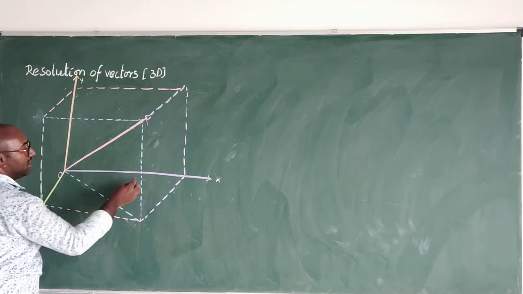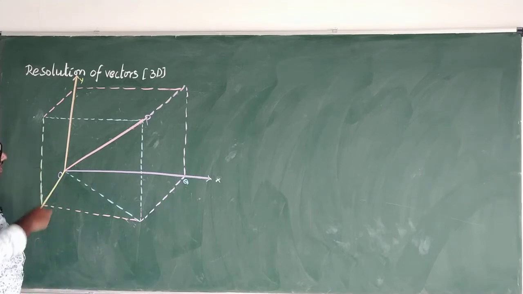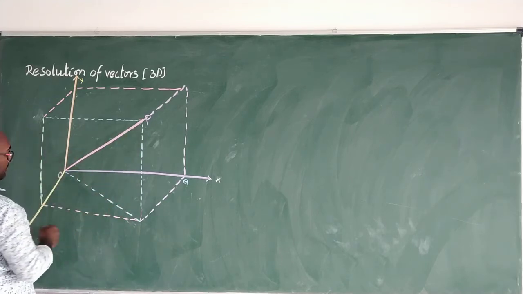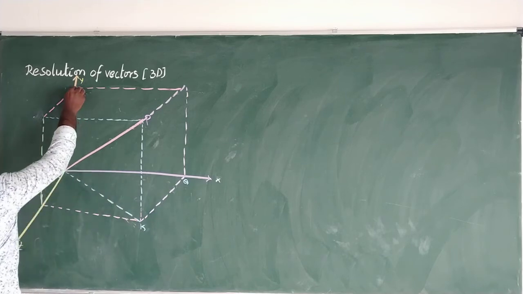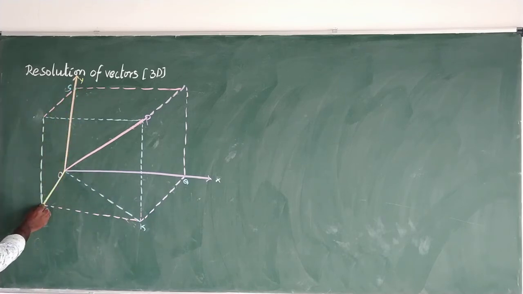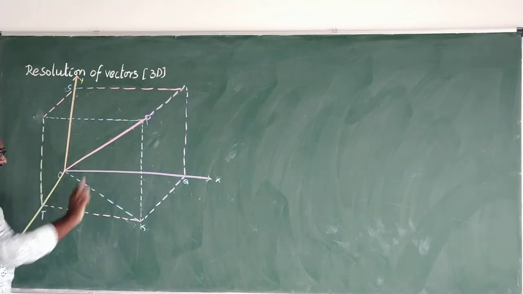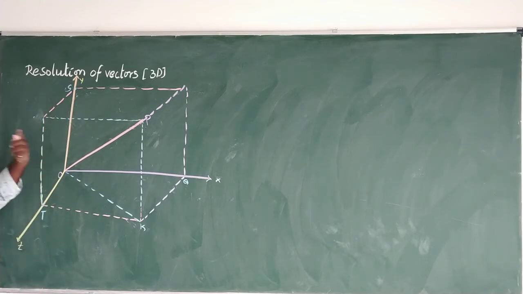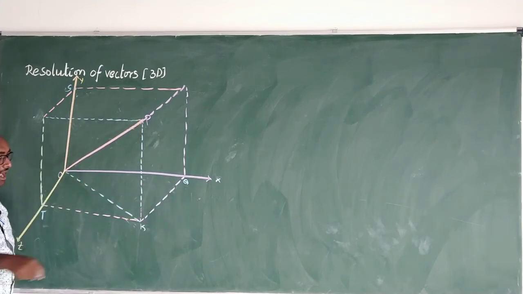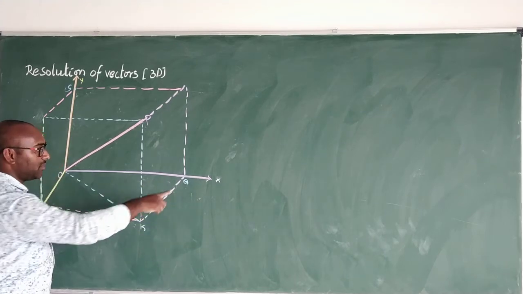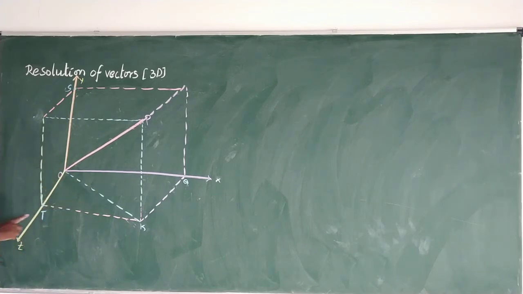This is P and this is Q, and this I am taking as S, and this one as T. The remaining corners will be R and so on. The corners facing towards me: this point is the origin, this point is P, the x-axis corner is Q, the y-axis corner is S, and the z-axis corner is T.